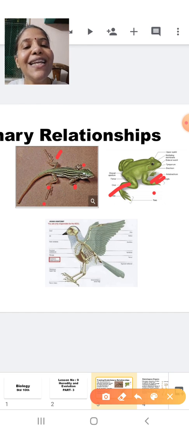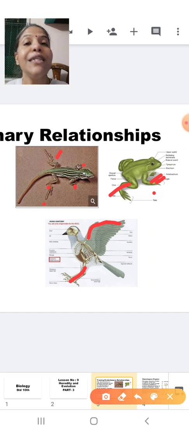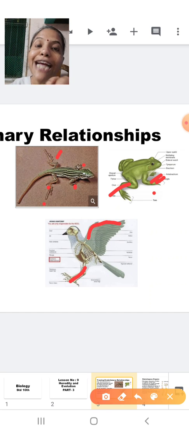You can see that here also it has got forelimbs, but the forelimb is modified to form the wings for flying. And here you can see the hind limb. The hind limb is used for walking as well as perching. Perching means sitting or helping to sit on a particular tree. So here you can see a reptile, an amphibian and a bird.